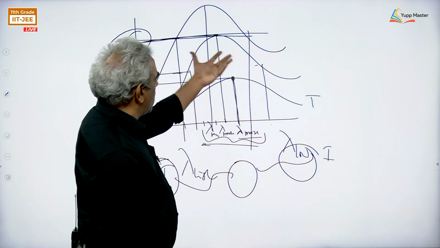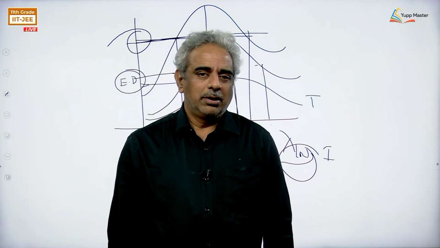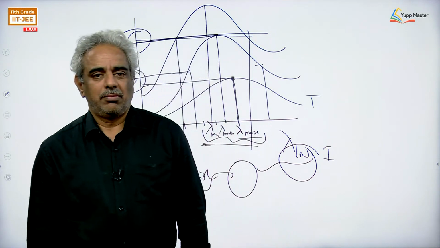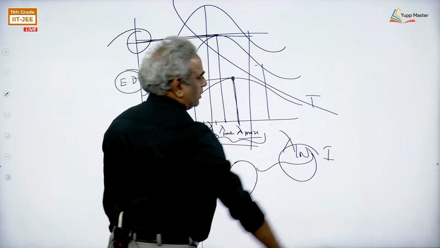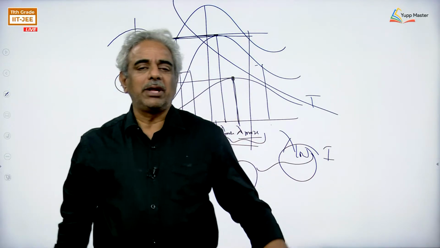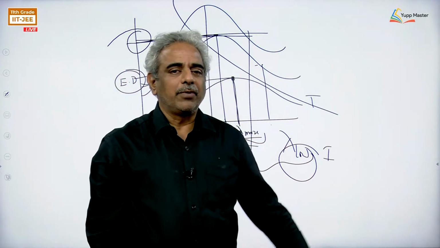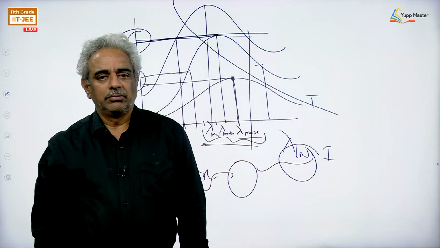So, what to do? How to explain this strange phenomenon of black body radiation? Had it been classical physics, you should have got it like this. But you are getting up and then down. Till some wavelength, intensity is increasing. Beyond a particular wavelength, again intensity is decreasing.